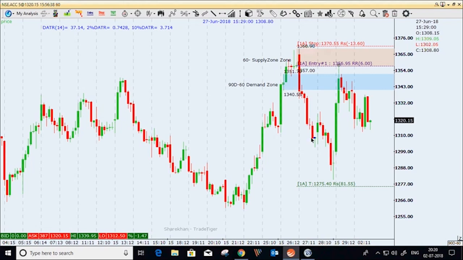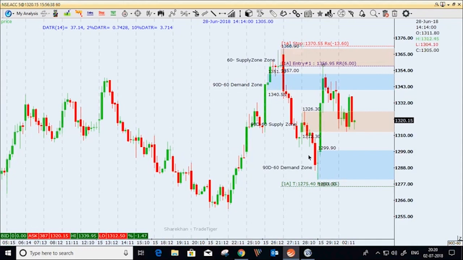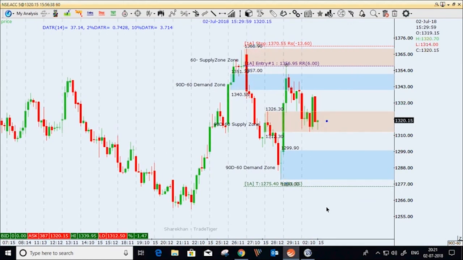So yes, in between, price surely engulfed the authentic supply. So a reverse zone demand got created in the price. But this is a zone with a doji, and whenever there is a zone with a doji, I think doji zones do not work properly. So I can expect it to break. Let's see what happens.